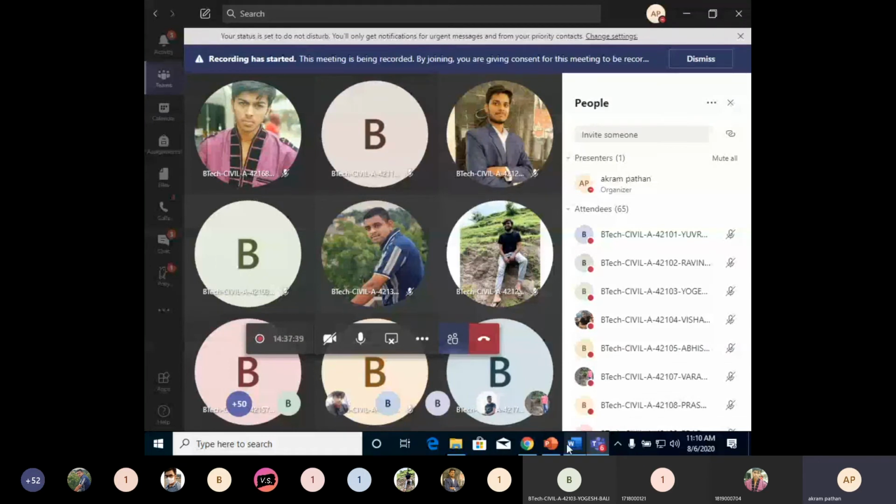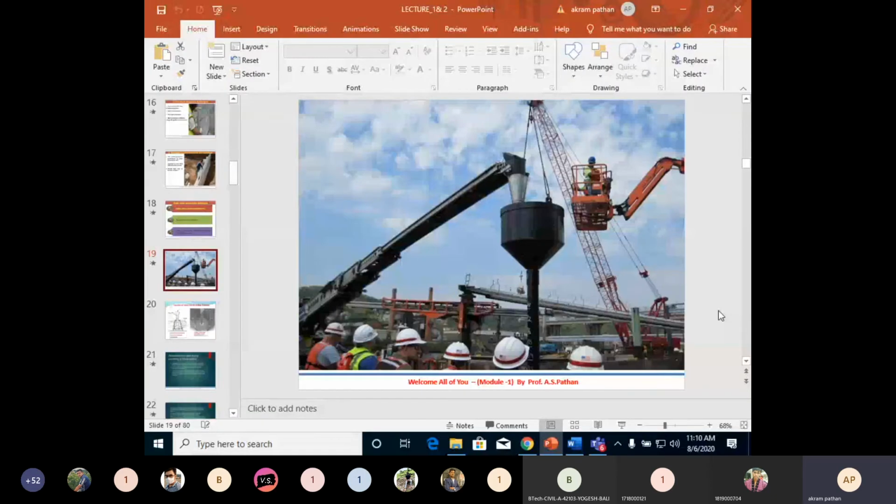Now this is the construction technique aspect. What the construction technique says is that in this activity we have to manage the machinery also. How much machinery will be required? This is a crane, then a clamshell or working platform you have to keep for the workers. Then we require this assembly to pour the concrete.